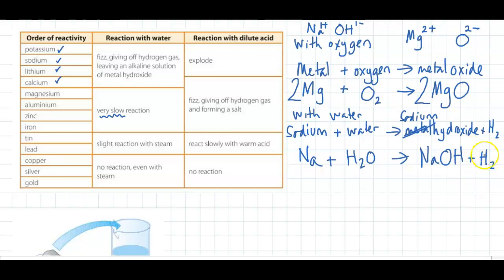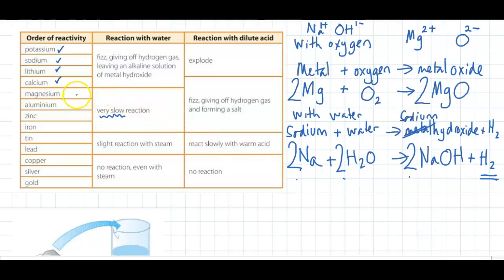And so again, we've got some balancing to do here. We've not got enough hydrogen on this side, so we're going to need to put a 2 here. If I put a 2 there, to balance up the hydrogen, I need to put a 2 there. If I put a 2 there, I've got to put a 2 there. Okay, so these 2's are necessary because hydrogen goes around in pairs.